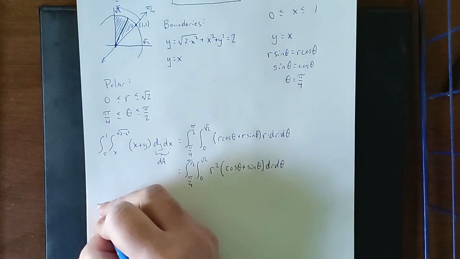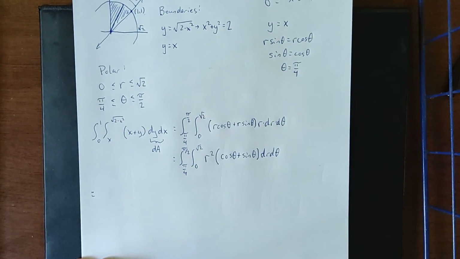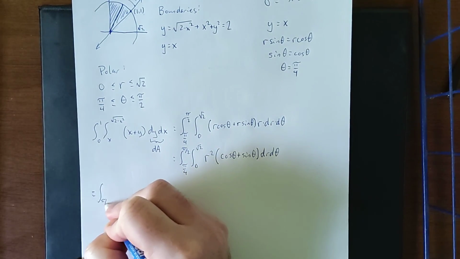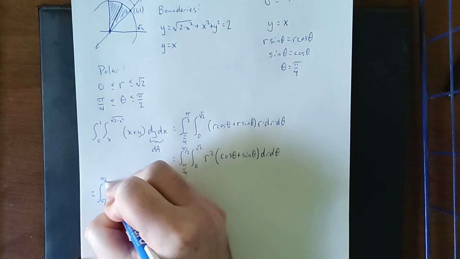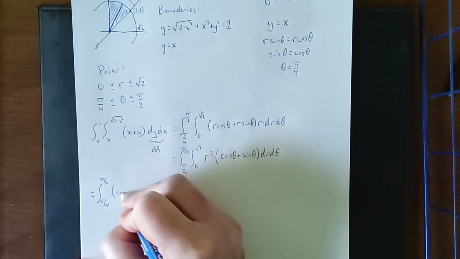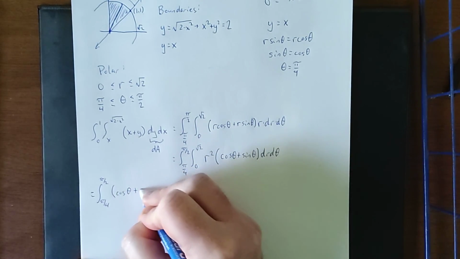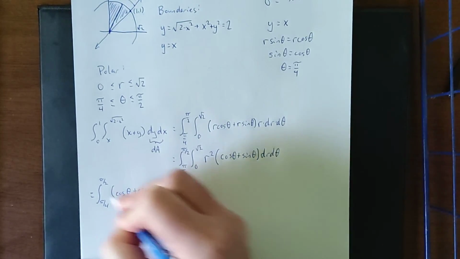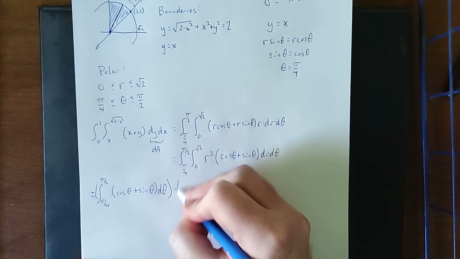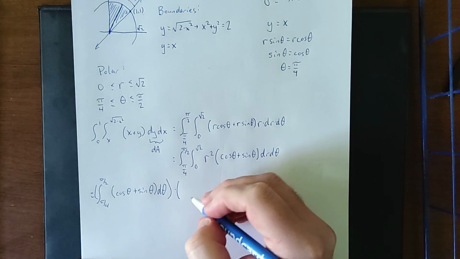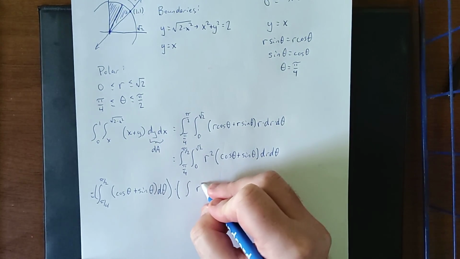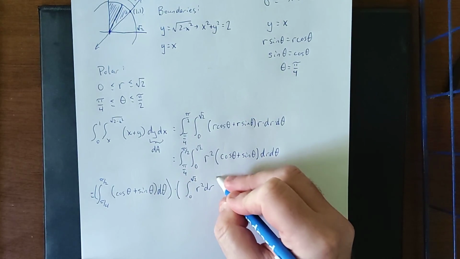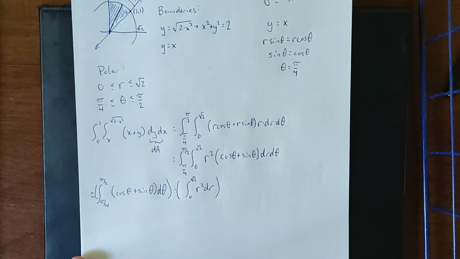Applying Fubini's shortcut, this will be the integral from pi over 4 to pi over 2 of the cosine of theta plus the sine of theta d theta times the function of r, which is simply going to be r squared. And bounds on that will be from 0 to the square root of 2.